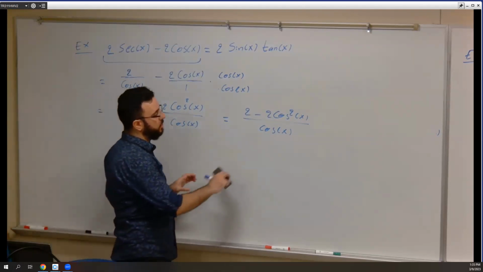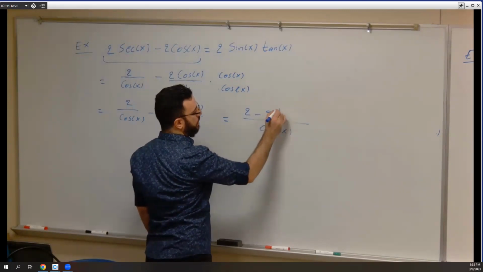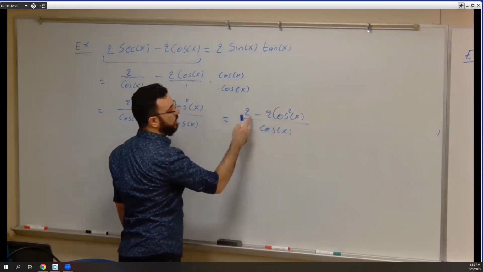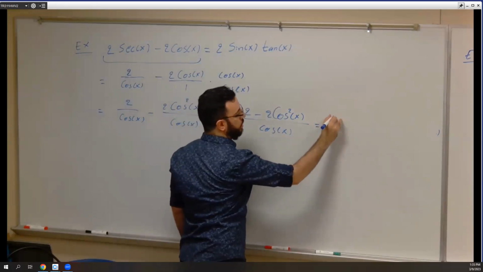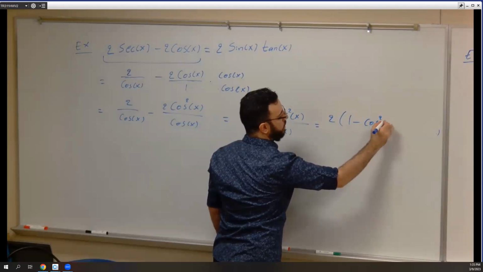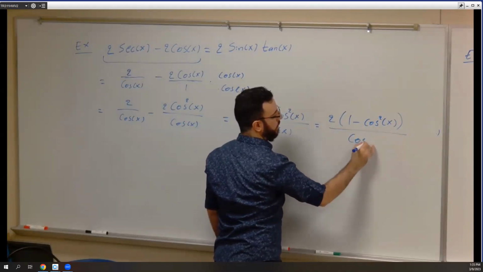What's the next step? Can I take the 2 as a common factor? So 2, what's left? 1 minus cosine square x over cosine x.